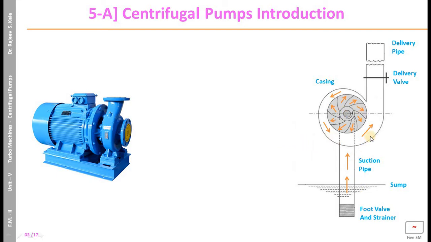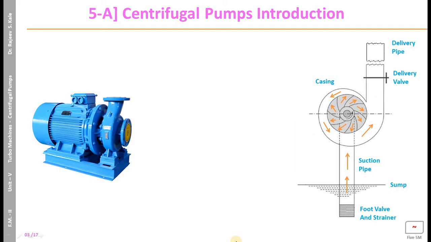So water is lifted through the suction pipe with the help of forced vortex flow created in the pump casing. And water is transferred with high pressure to the required height. So the hydraulic machines which convert mechanical energy into hydraulic energy are called pumps.